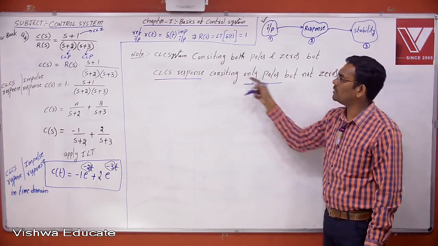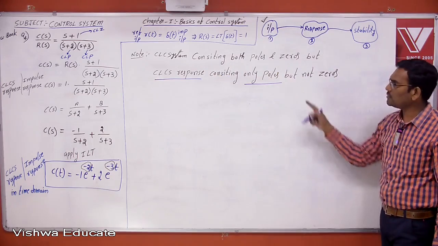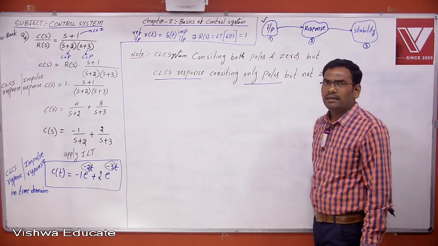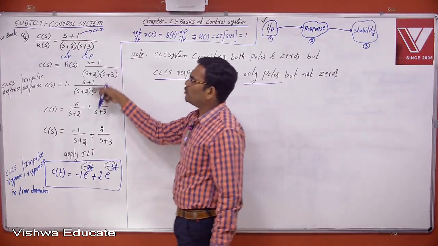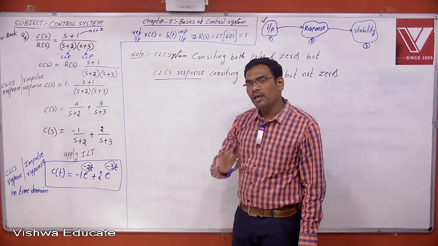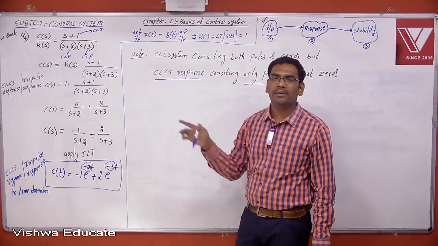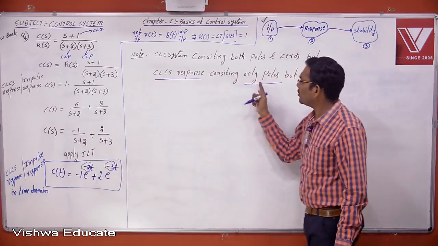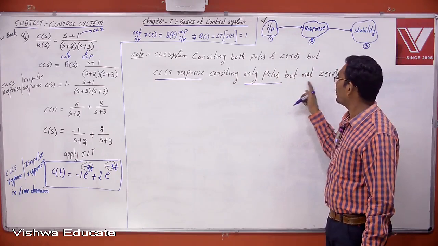Take down this note also, which is very important. This statement is not only for this particular question. You take any closed loop control system, give some input and see the response. That response consists only of poles but not zeros.